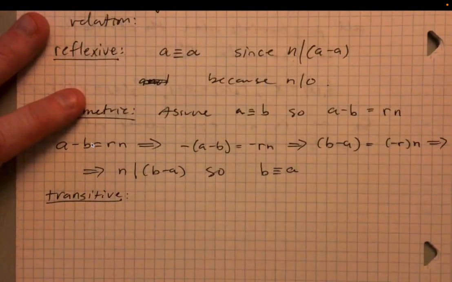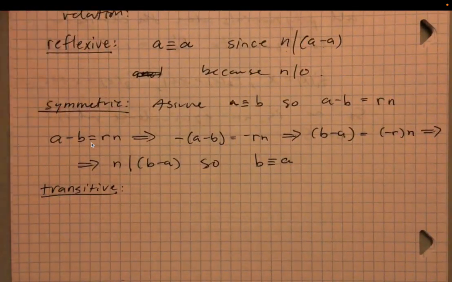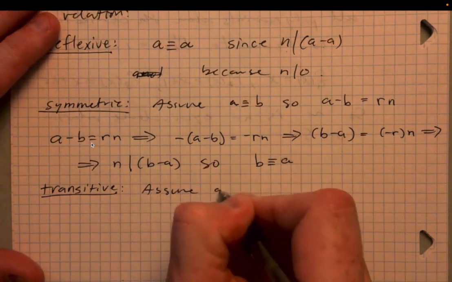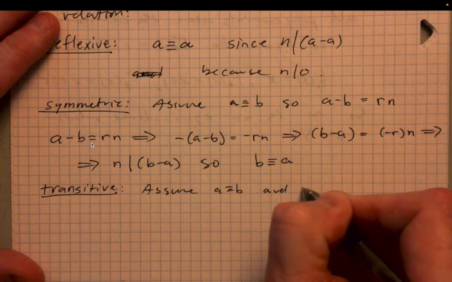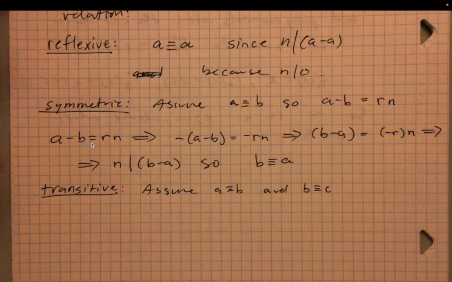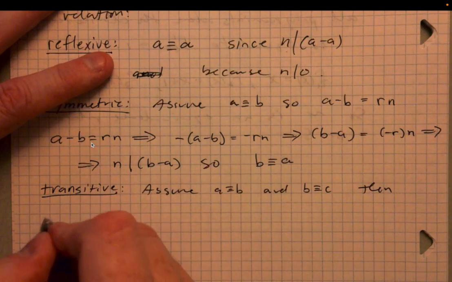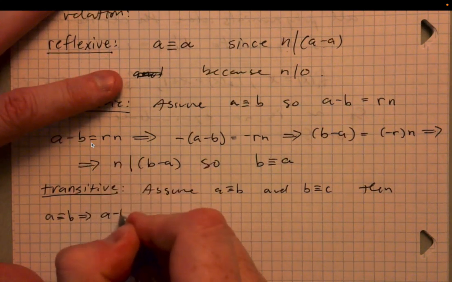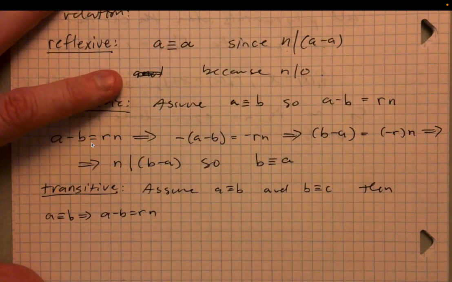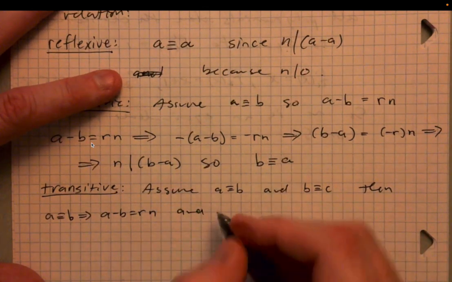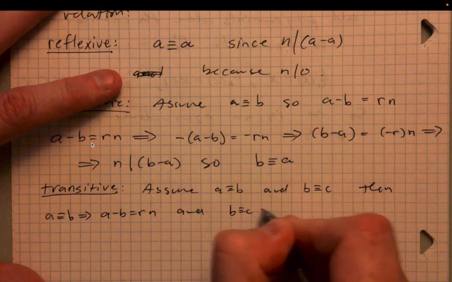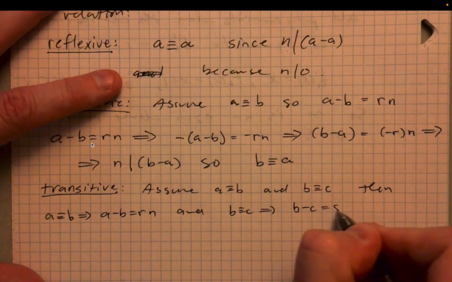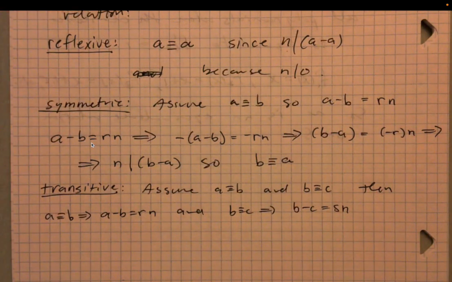Okay, so transitivity. We're going to need to assume that A is equivalent to B and B is equivalent to C. Then A equivalent to B implies that A minus B equals r n. And do the same thing for B and C. B equivalent to C implies that B minus C equals s n.